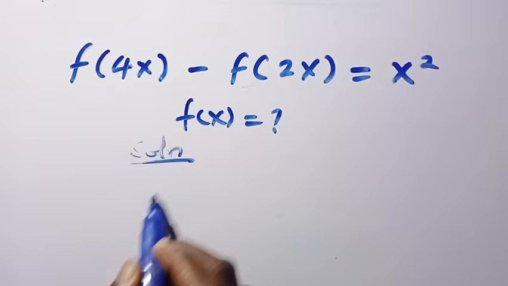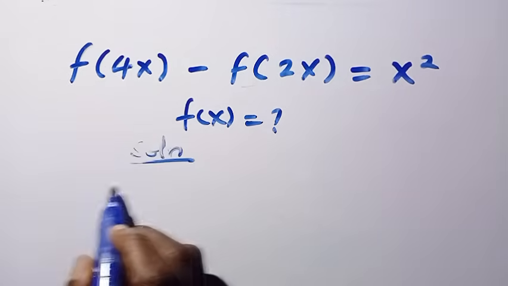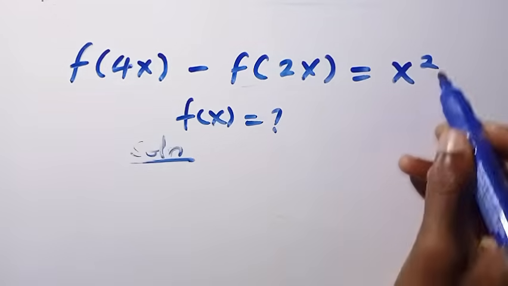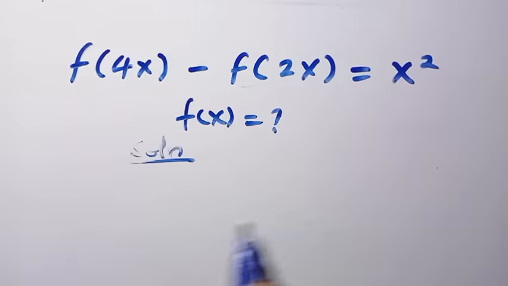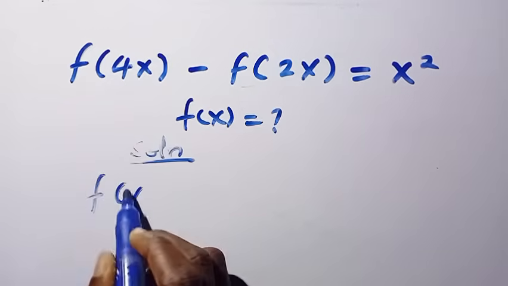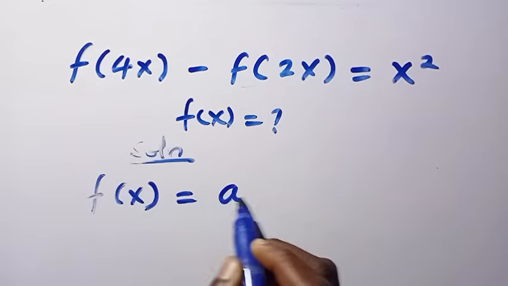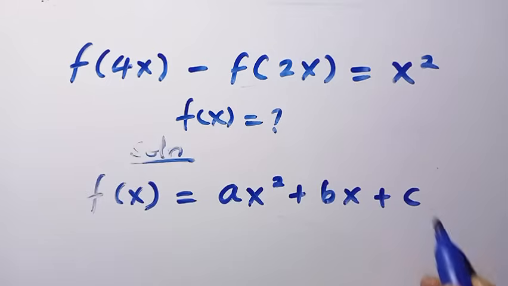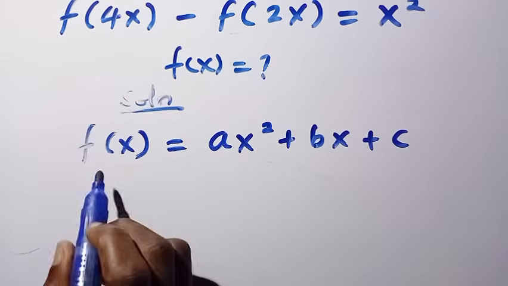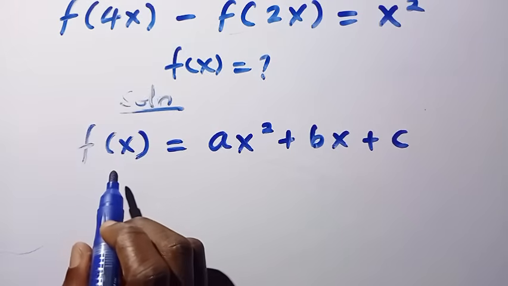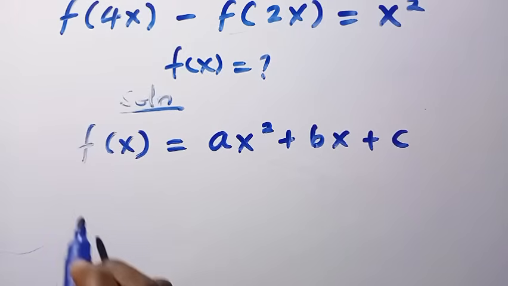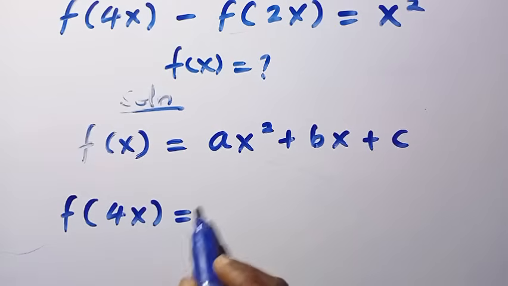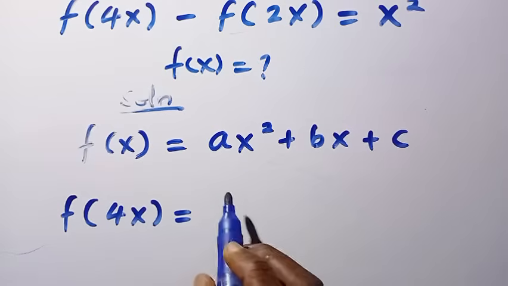To solve this, let's try to assume a polynomial solution, a quadratic specifically, because this is the power of 2. Let's assume that f(x) equals ax squared plus bx plus c. Then I need to find f(4x) and f(2x). For f(4x), anywhere I see x, I'm replacing it with 4x.